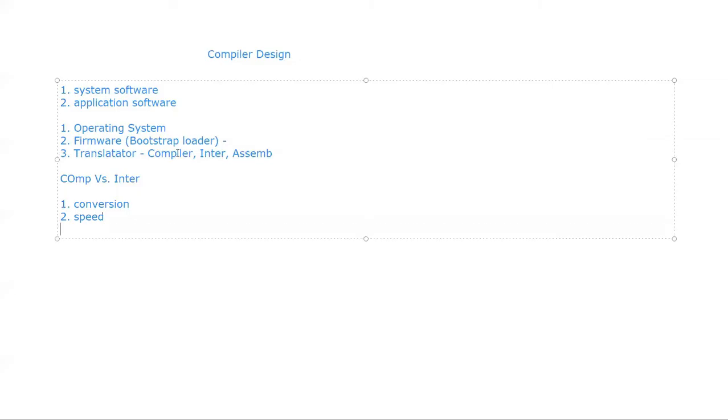But in case of compiler, if there is any error in your program, you will get all the errors at the end of the compilation process, and now you need to search for these errors in the source language program. Where is this error, right?